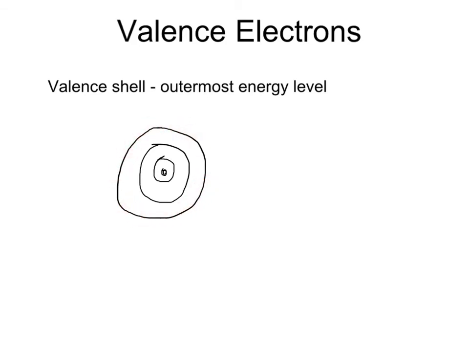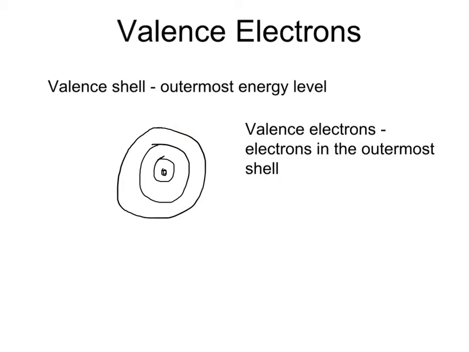In this case, this Bohr model has 1, 2, 3 energy levels, so the third energy level will be our valence shell. Now, the electrons that exist in the outermost shell are known as valence electrons because they're in the valence shell. In this example, there are 3 valence electrons.